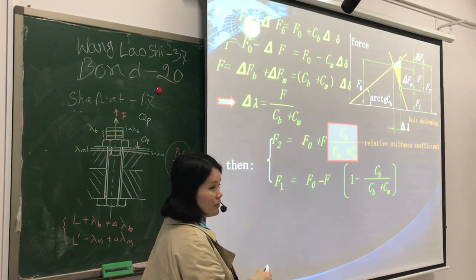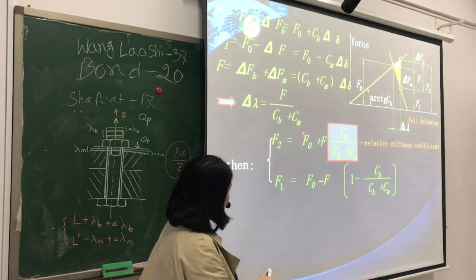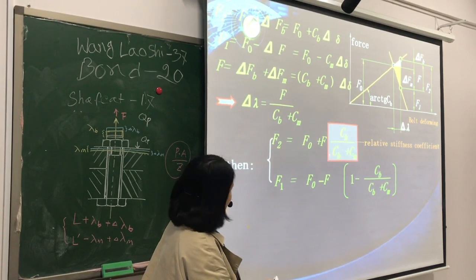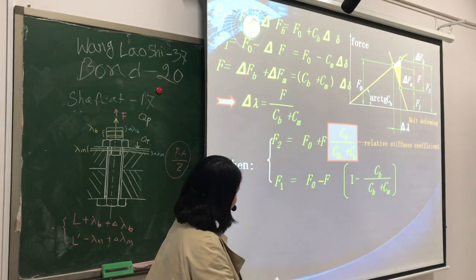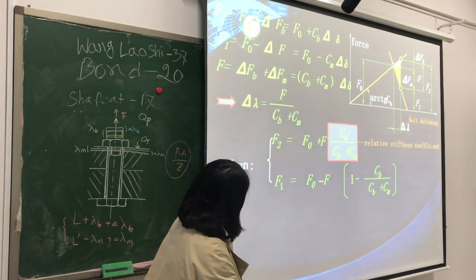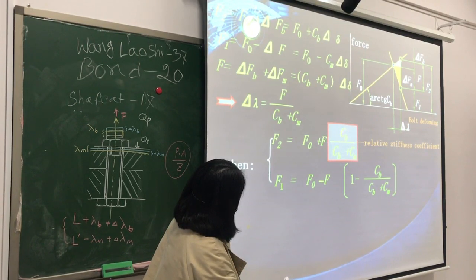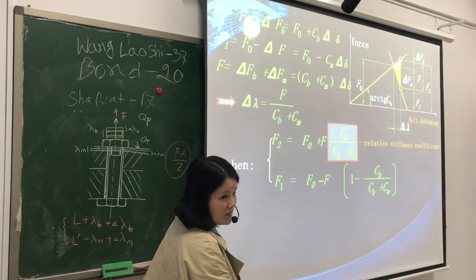F2 equals F0 plus F times the relative stiffness coefficient. F0 is the preload, F is the axial force, CB is the stiffness of the bolt, and CM is the stiffness of the members.